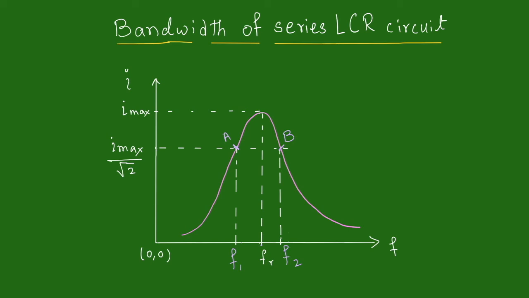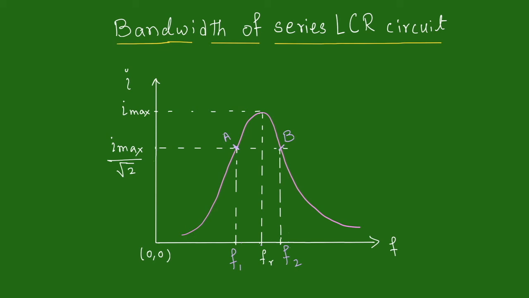The input signal frequencies F1 and F2 corresponding to the half power points on the resonance curve are called cutoff frequencies. F1, which is less than the resonant frequency, is called the lower cutoff frequency, whereas F2, which is greater than the resonant frequency, is called the upper cutoff frequency.